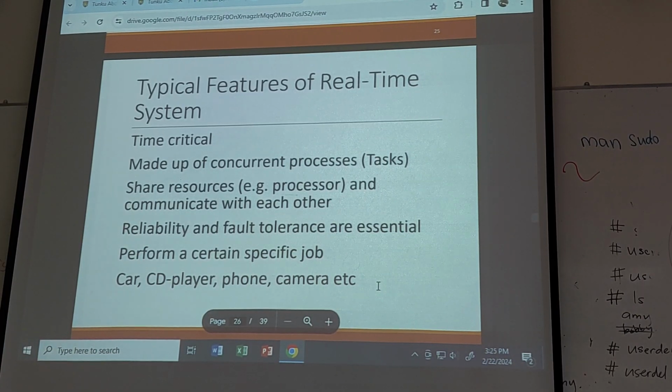But it may also be like a phone, for example, when you talk, if it is not real time, if there's a delay, then while you're talking, the other person thinks that you are not talking, right? Then they start to talk. And then there will be some kind of confusion there, right? So without real-time phone transfer of data, it can make the conversation very hard, right?